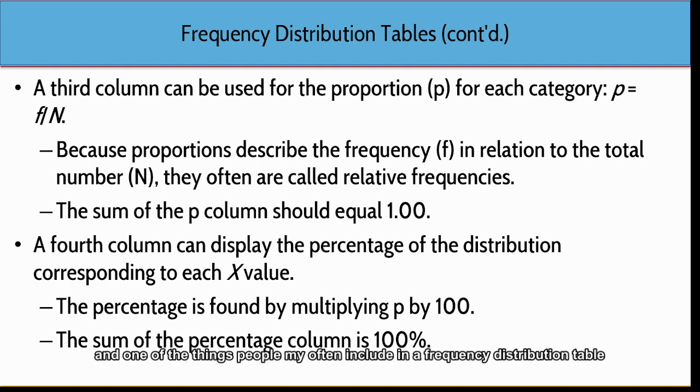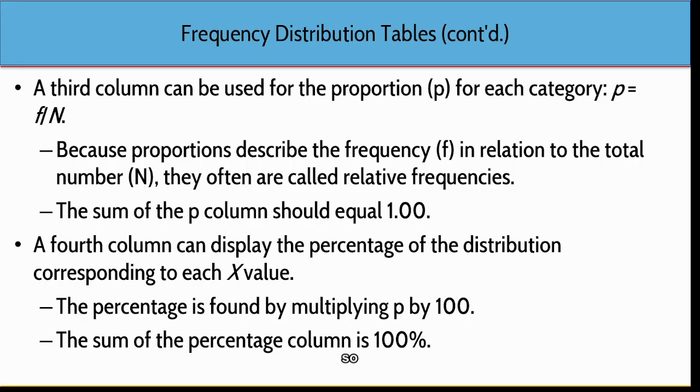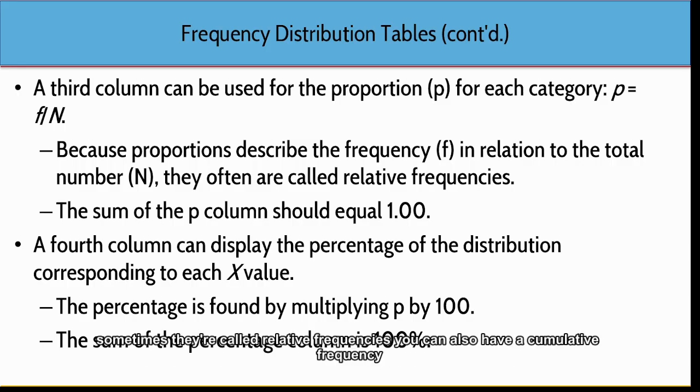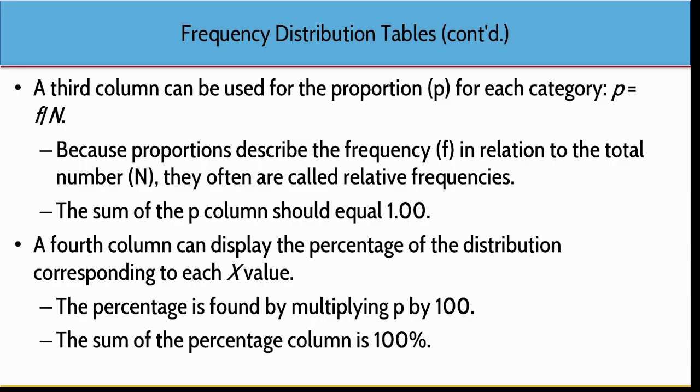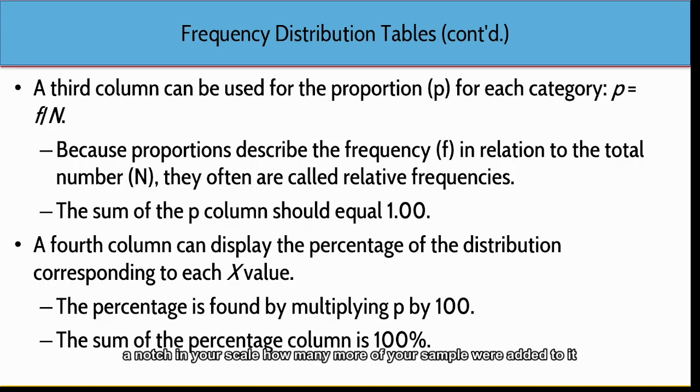One of the things people might often include in a frequency distribution table is the proportion, or P, for each category. Proportions describe the frequency in relation to the total number. Sometimes they're called relative frequencies. You can also have a cumulative frequency, which shows, as you go up a notch in your scale, how many more of your sample were added to it.